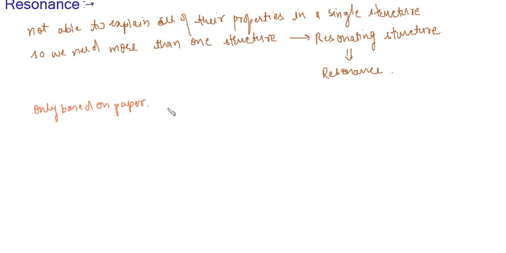It is a concept based only on paper and pen. On paper we can explain why this structure is stable and why this structure is not stable, with the concept of resonance. In real, electrons are moving, but the structure may or may not be moving. It is a hypothetical phenomenon.